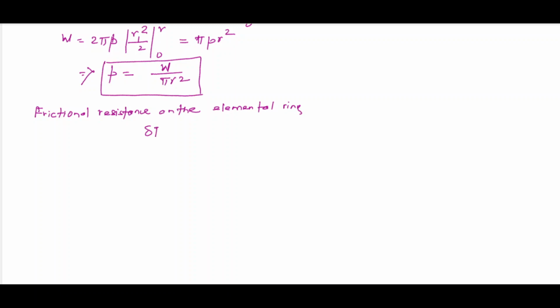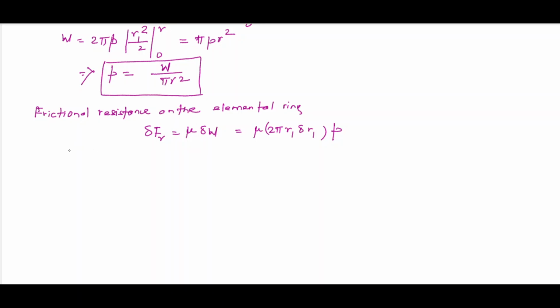Let's say it is del Fr. Frictional force is equal to the coefficient of friction mu into the load acting on the ring, del W. So it will be equal to mu into 2 pi r1 del r1 into pressure, area into pressure is your load.